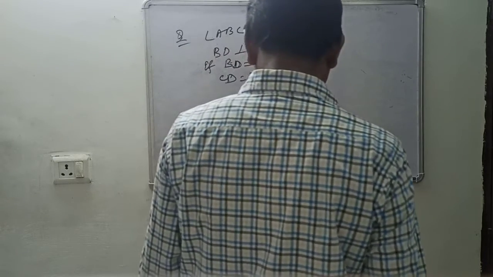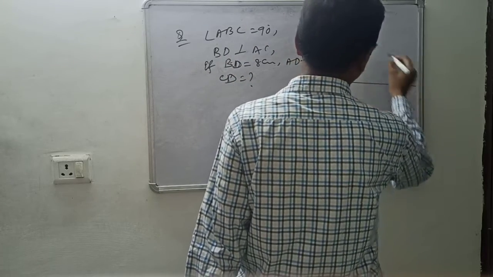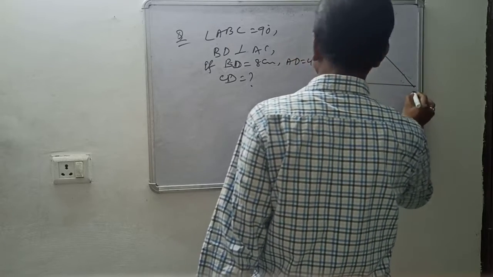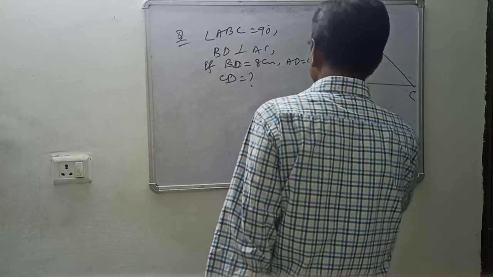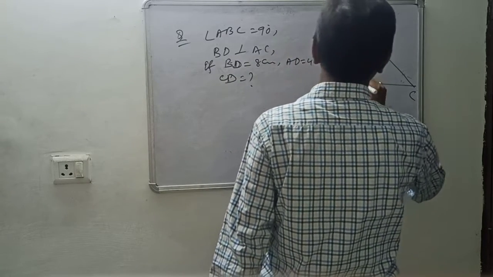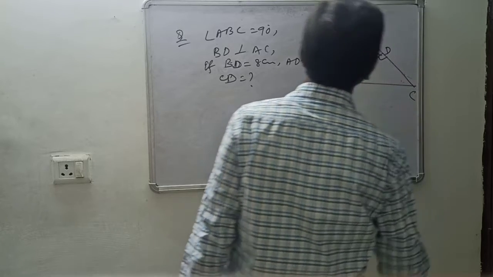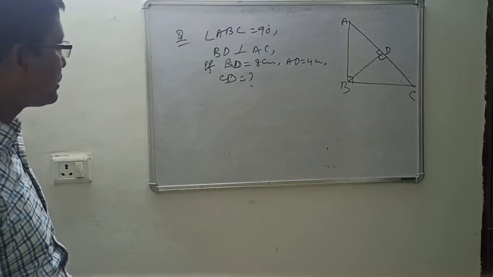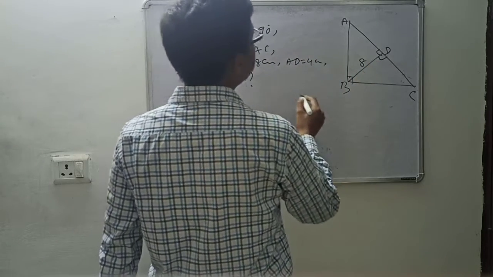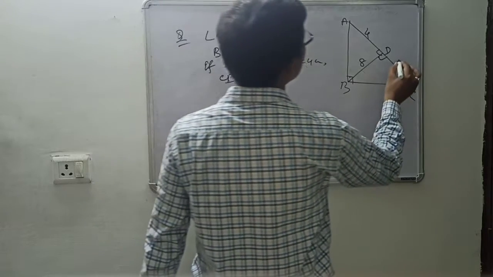From the given figure, angle ABC is 90 degree given, and the second condition, BD is perpendicular to AC, and the measurements are given: BD equal to 8 centimeter, AD equal to 4 centimeter, and CD to be found out.